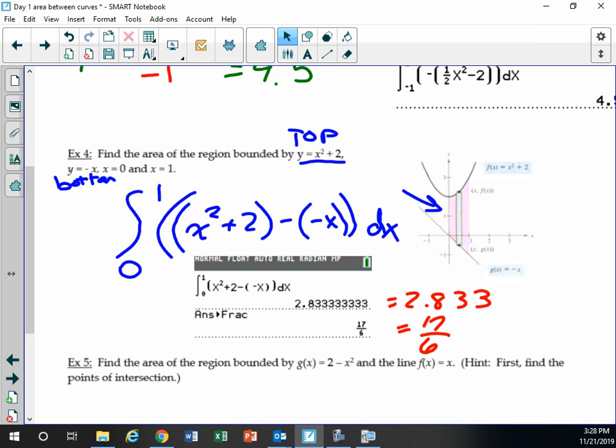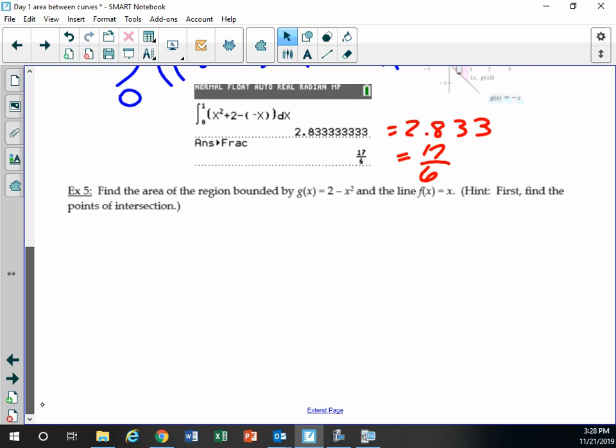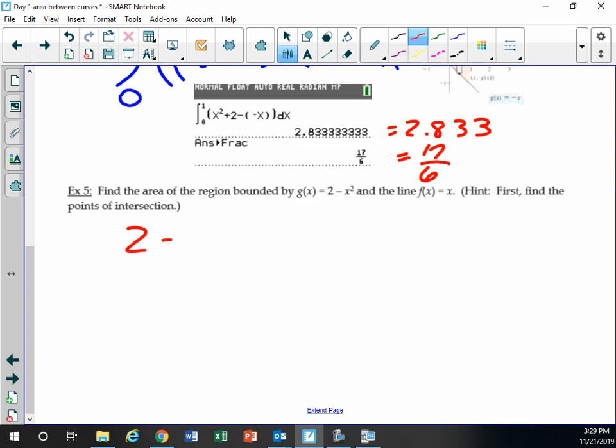Find the area of the region bounded by g of x equals 2 minus x squared and the line f of x equals x. First, you need to find the points of intersection. I too agree with that. There's a hint right there. So I'm going to find my points of intersection by literally setting them equal to each other. So 2 minus x squared equals x.